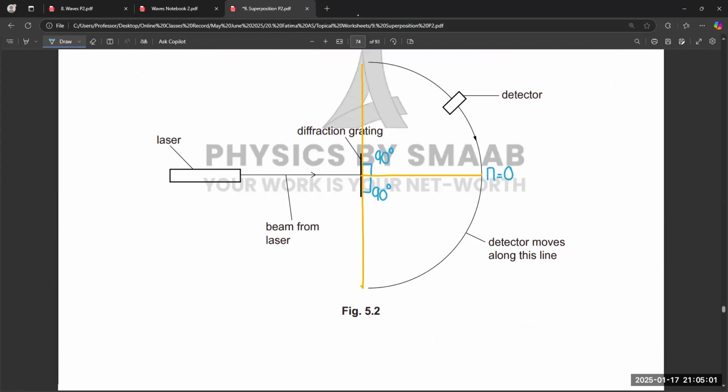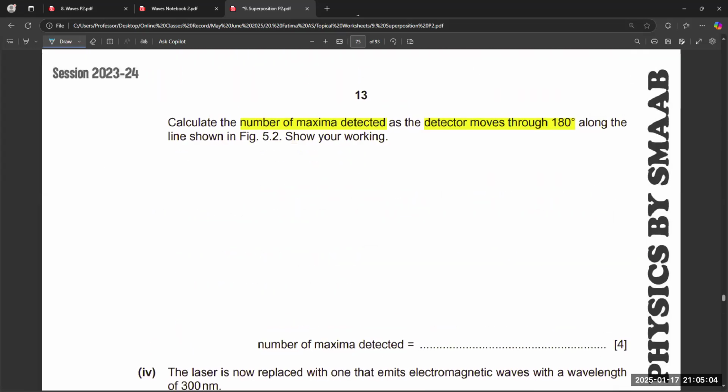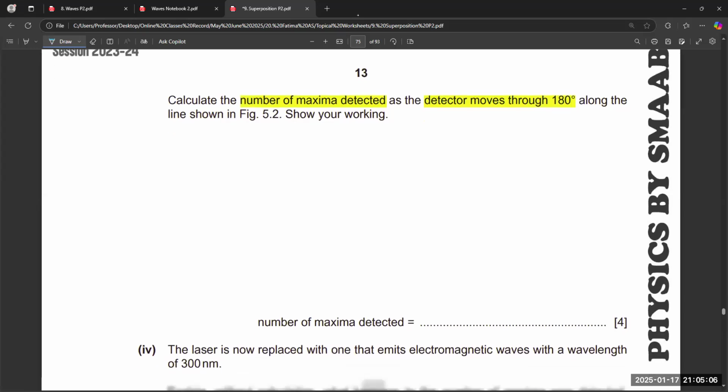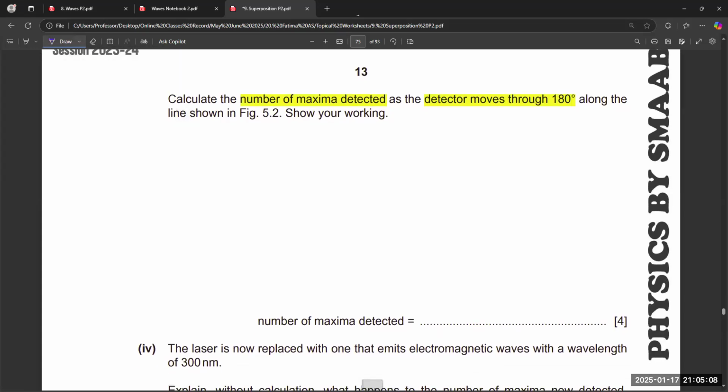For example, 90 degrees is the maximum angle possible on one side. So we are going to choose the maximum value. So the highest possible value of n is at 90 degrees.